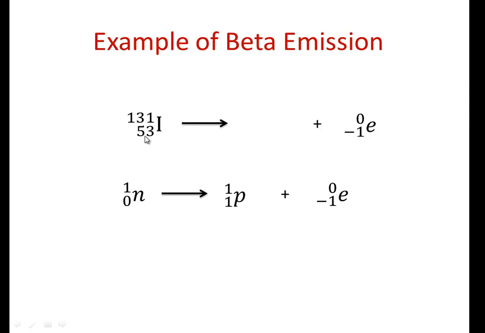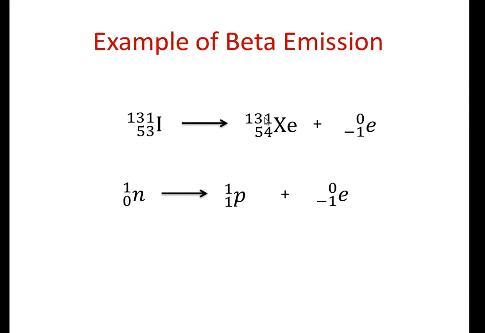However, the atomic number is going to change, right? Because you're going to gain one additional proton. So the atomic number goes to 54, and if you look on your periodic table, the element with atomic number 54 is xenon, and it's going to be xenon-131. Okay, so those are kind of the rules of the game for alpha and beta emission.